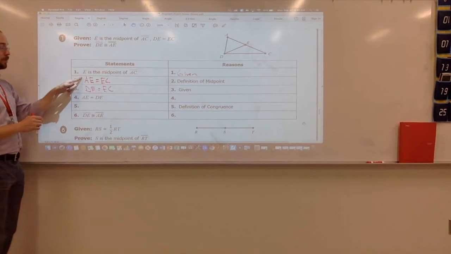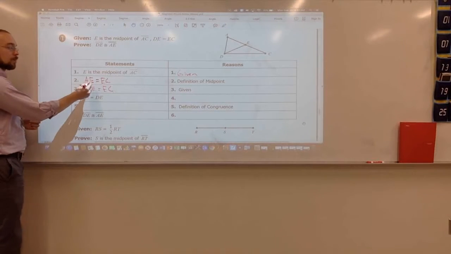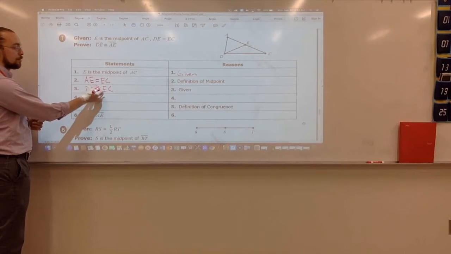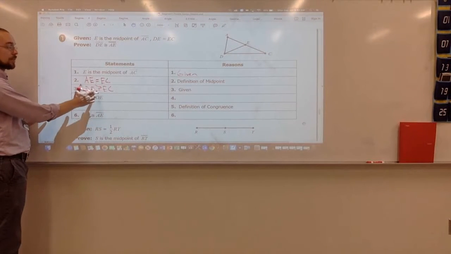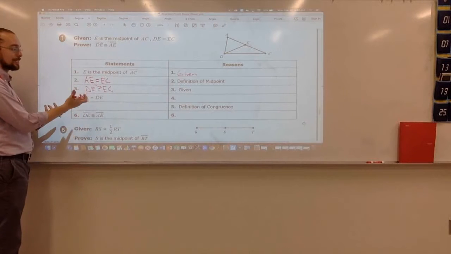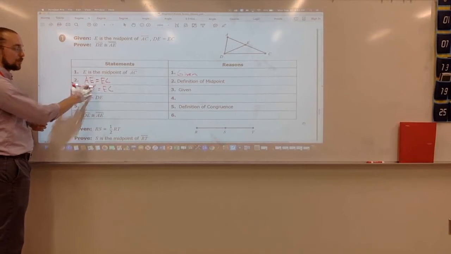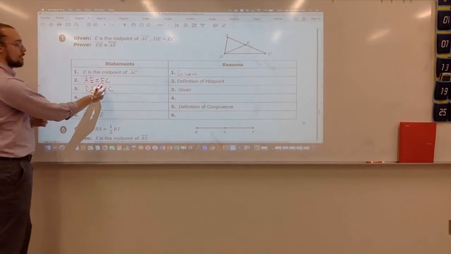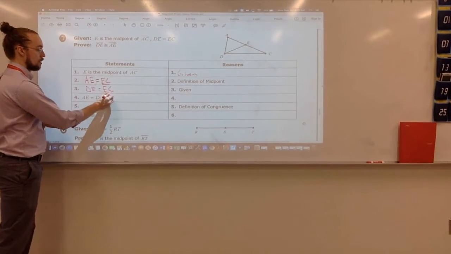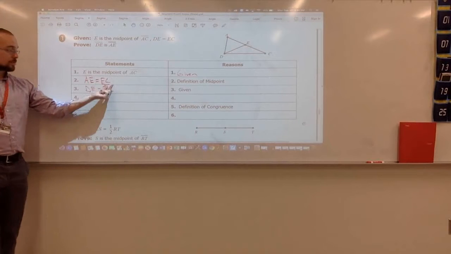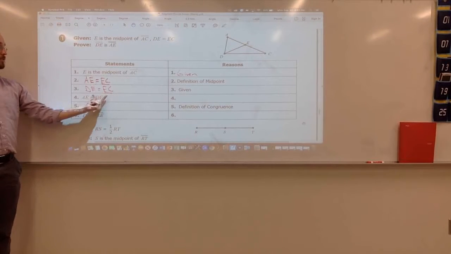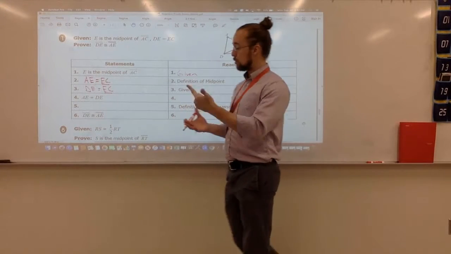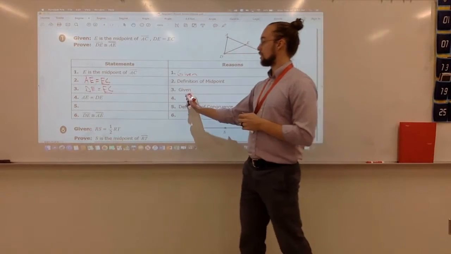In lines 2 and 3, what we can do is say, I can substitute AE in place of EC, since I know they're equal, so we would get DE equals EC. So that would be substitution. Or if we're thinking about transitive, I know that both AE and DE are equal to the same thing. They're both equal to EC, therefore they're equal to each other. So either substitution or transitive would be correct answers here.